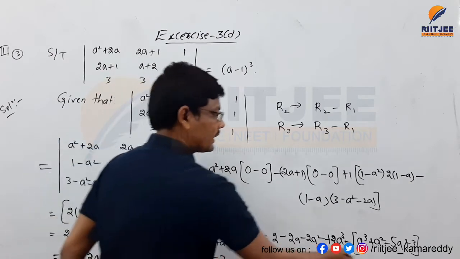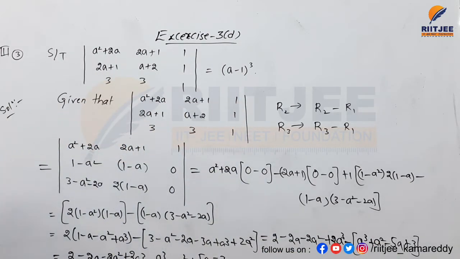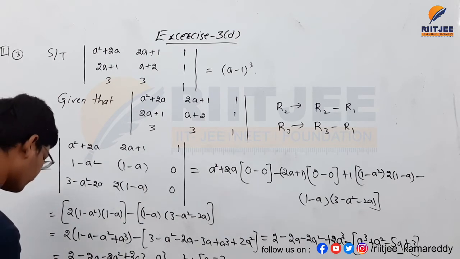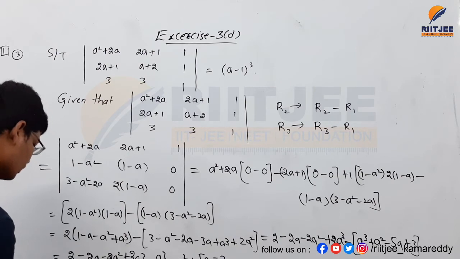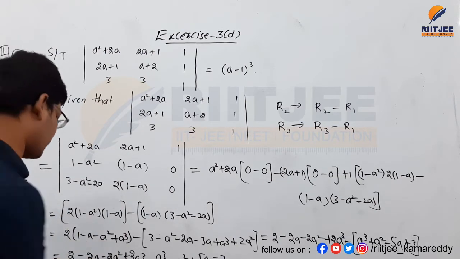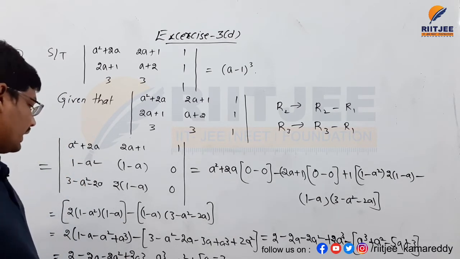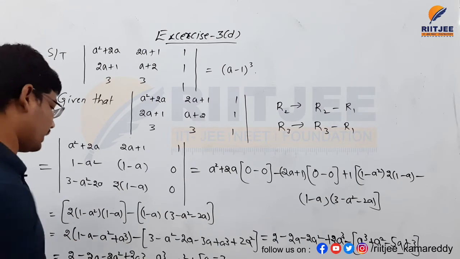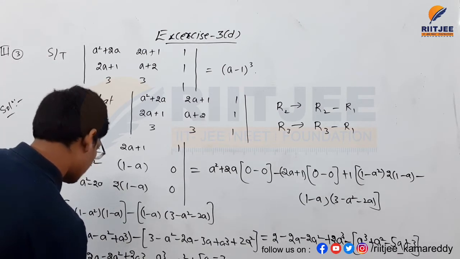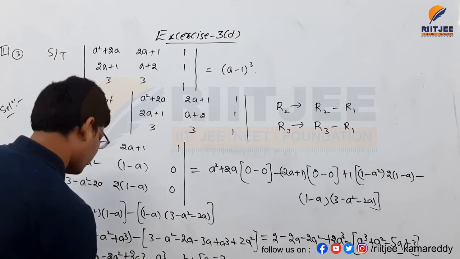I am multiplying this minus to all the terms here, so it will happen: 2a cube minus a cube, that is equal to a cube, and minus 2a square minus a square, minus 3a square, and minus 2a plus 5a, that is plus 3a, and 2 minus 3, that is minus 1.